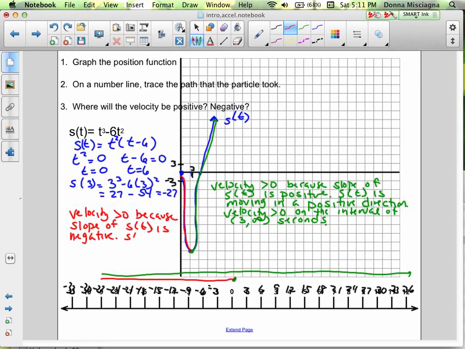Actually I should say the particle really, the graph doesn't move, the particle moves. Oh, look at that. I can just remove that. So let's change s of t to particle.